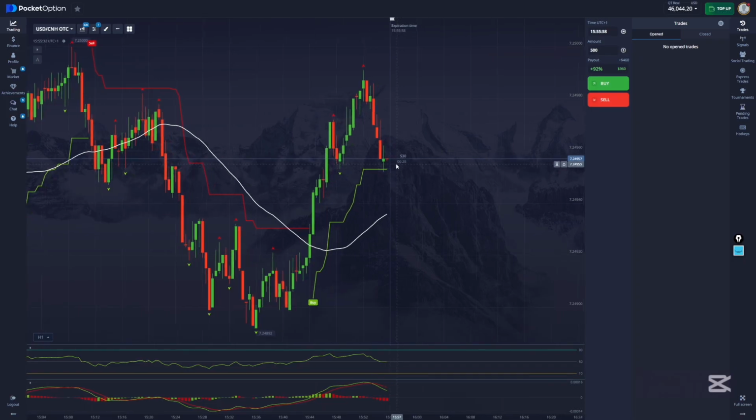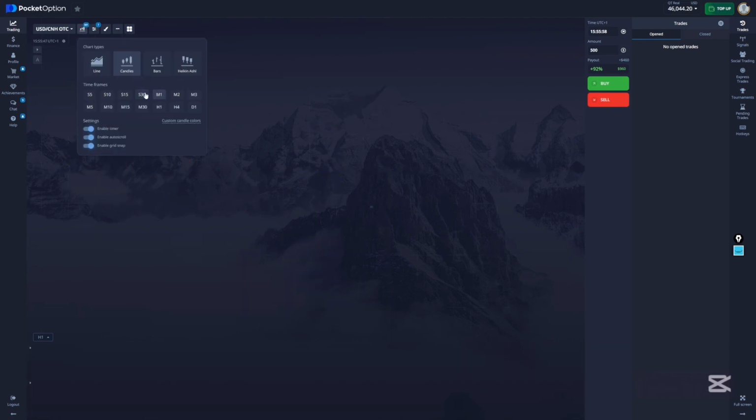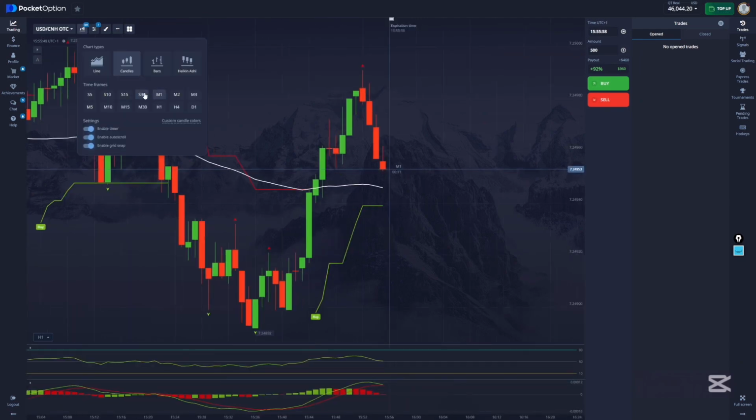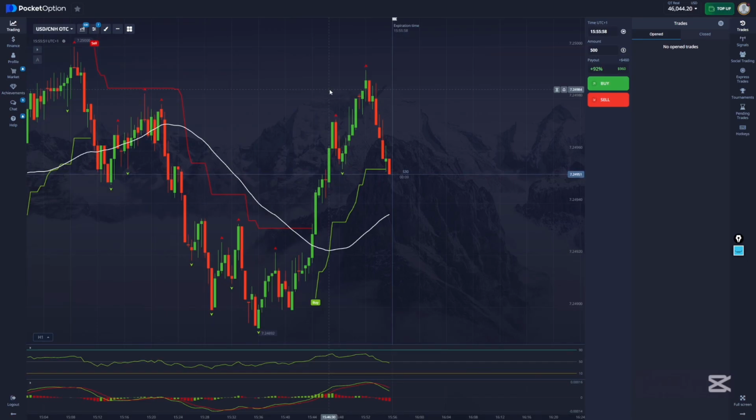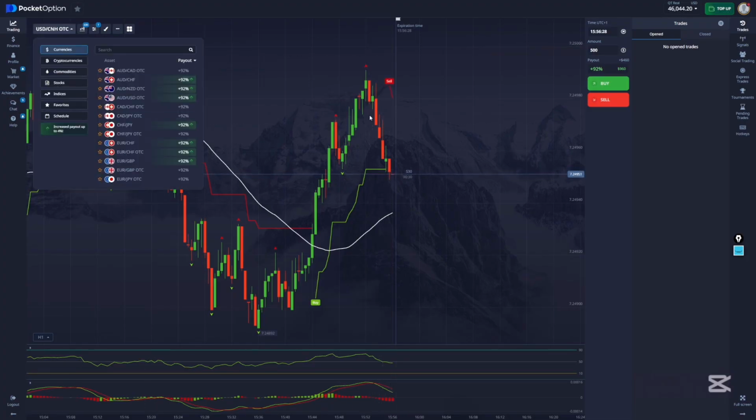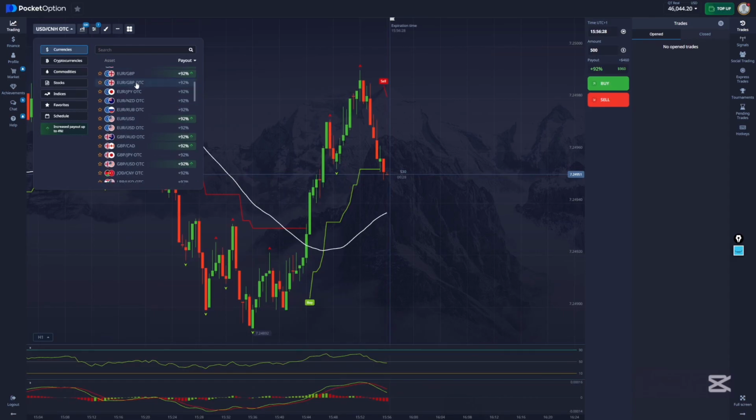So let's have a look if this one is going up, because if this candle is going up and the fractal shows on, we open a trade up. You see, another one crossing too much over this super trend. We have to find another pair.